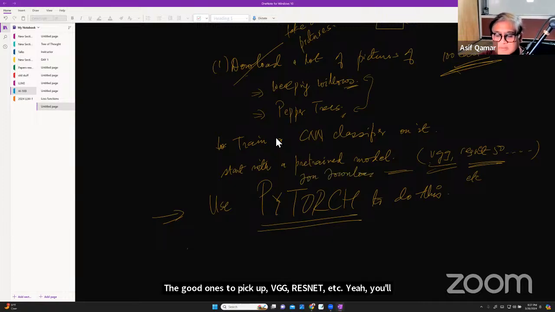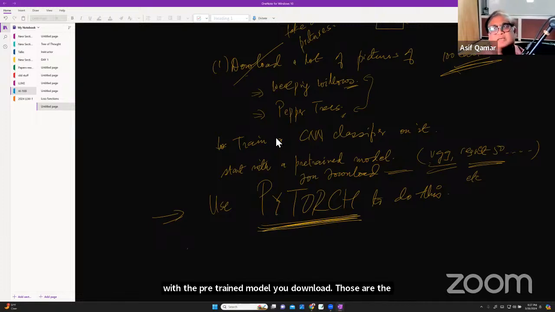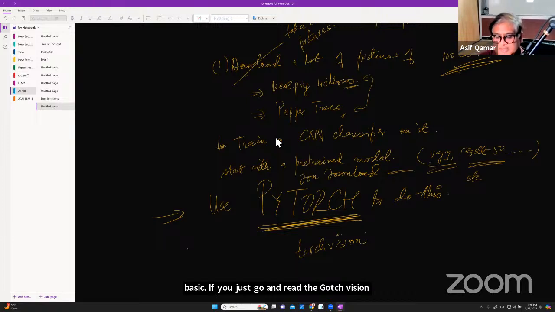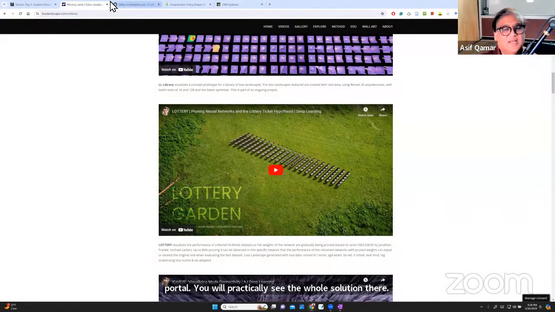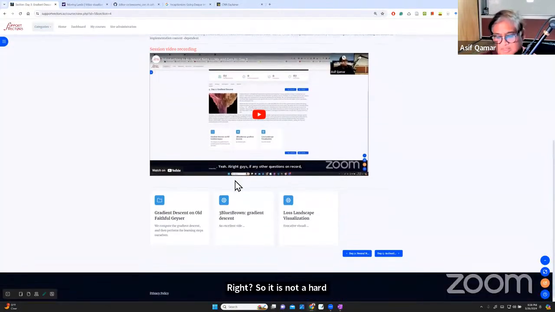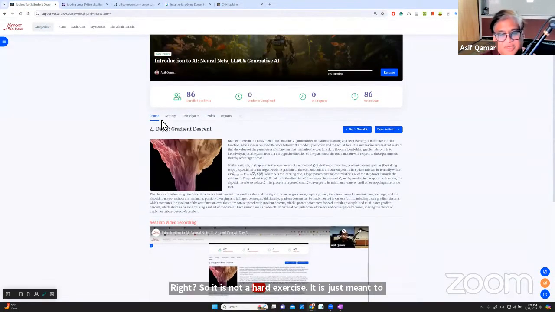Those are on Hugging Face or something. Go to PyTorch. PyTorch will give you a way to download these models. By the way, guys, this example is so basic. If you just go and read the PyTorch TorchVision documentation, which I have linked to in the course portal, you will practically see the whole solution there. So it is not a hard exercise. It is just meant to make you familiar with this. So if you go here, let's go here.